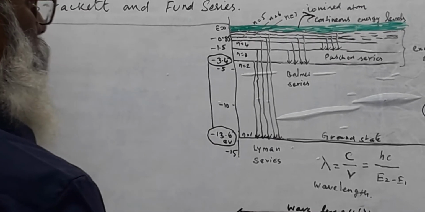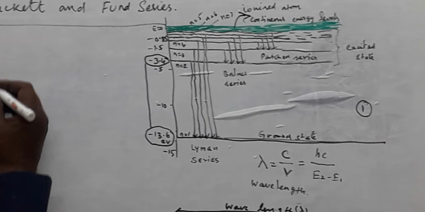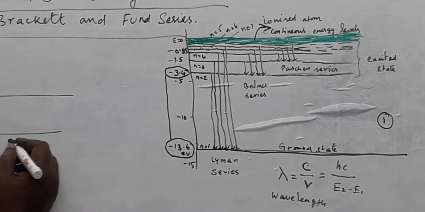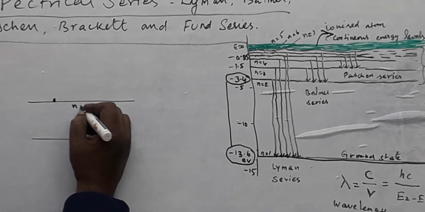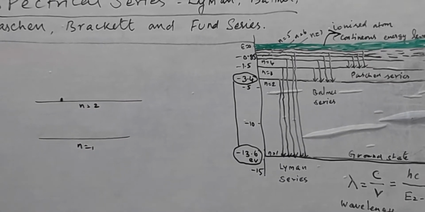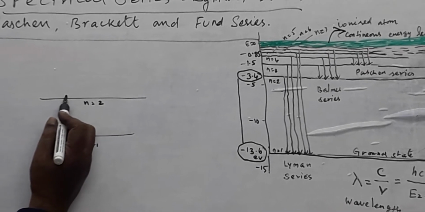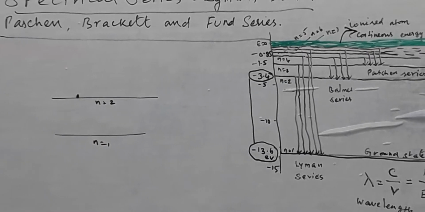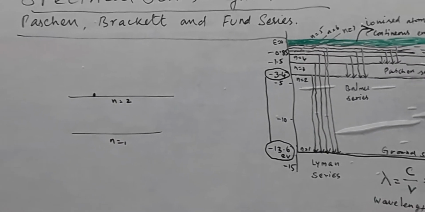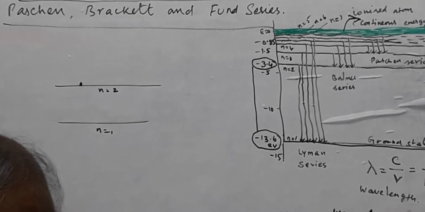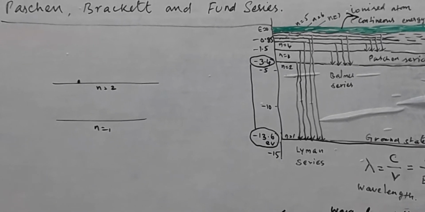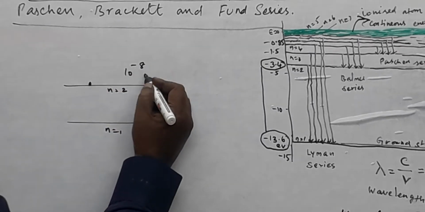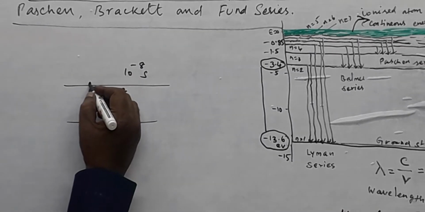Now, if any electron is in a higher level, for example, this is called n equal to 1 and this is called n equal to 2. An electron in the higher state will be stable only for about 10 power minus 8 second in the excited state.